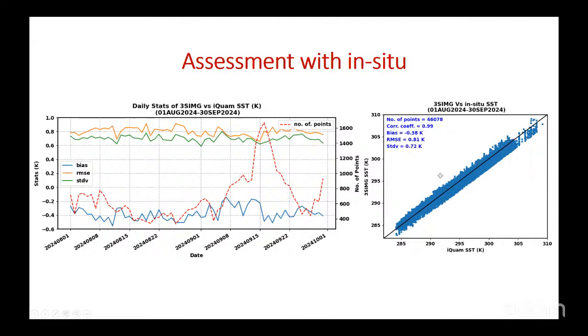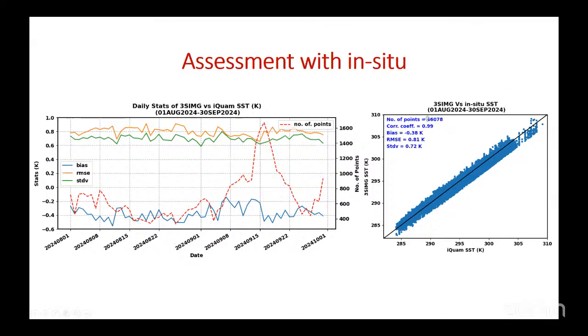And you can see here the scatter plot for these 2 months. The bias is minus 0.38, the RMSE is 0.81 K, and the standard deviation is 0.7. So this has improved quite a lot from INSAT 3D and 3DR, where our standard deviation was of the order of 0.85, 0.9.